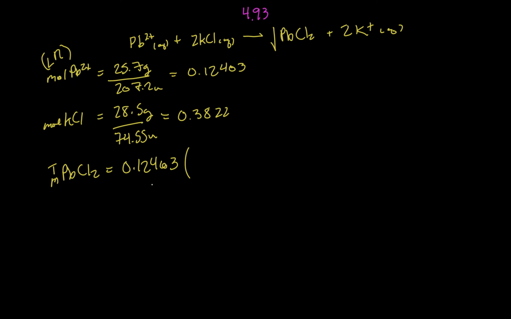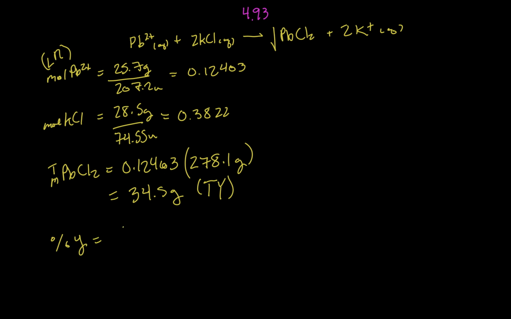Formula weight for lead chloride is 278.1. I didn't write the units here, but moles cancel with moles, so you're going to get grams out of this. And that gives us 34.5 grams. This is our theoretical yield.